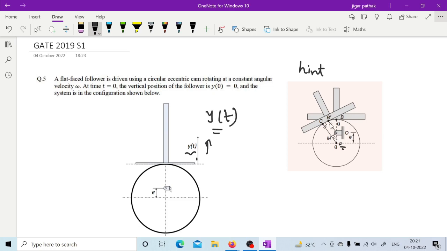Your y is the distance traveled in the vertical direction. If your follower is moving from OB dash to OB, then the distance traveled in the vertical direction will be OB dash minus OB in this figure. So now I guess you can try.